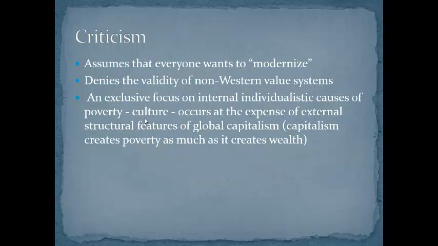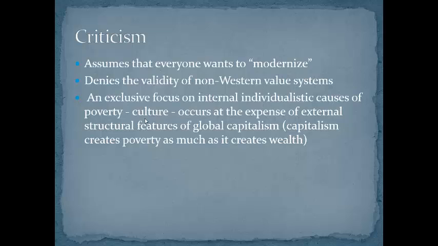So there are many criticisms that have been laid upon Rostow's model. So, for example, one is that it assumes everyone wants to modernize, and that there's only one path to modernity. It also assumes that modernity can only look one particular way. It assumes that the only way you can industrialize is the same way that North America and Western Europe did it in the 1800s.